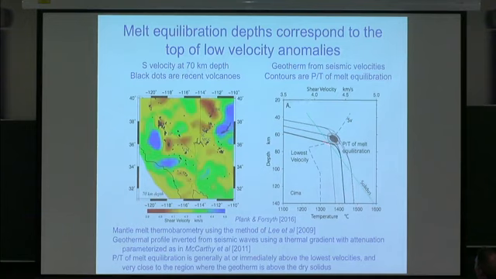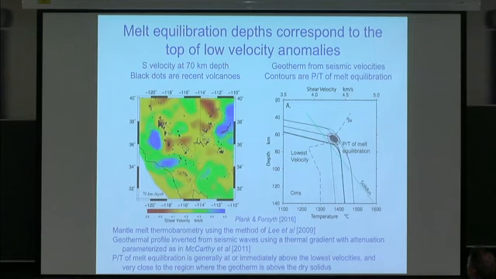And in basically this bullseye there, the two contours, is the uncertainty region on the melt equilibration depth and temperature from petrology. So you can see that this melt was coming from 60 kilometers deep and a temperature of about 1380 or something like that.